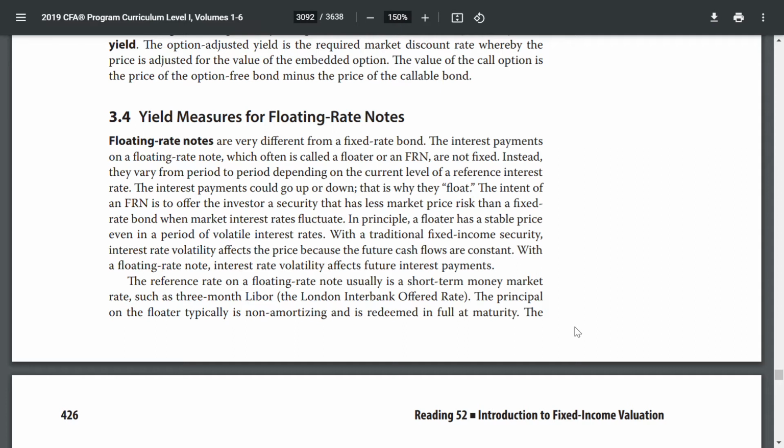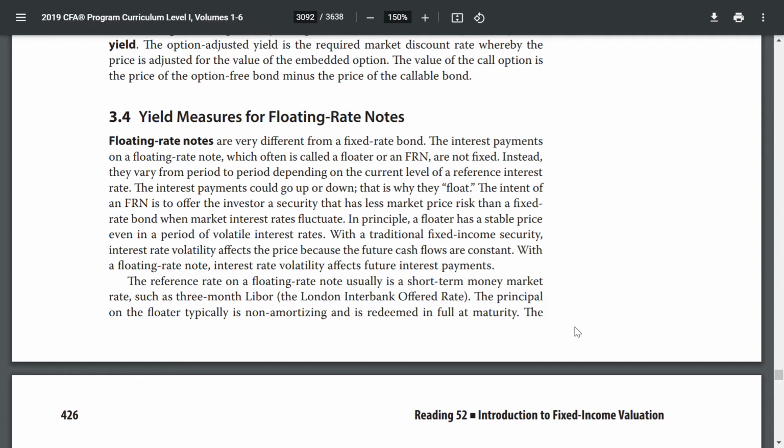The intent of the FRN is to offer the investor a security that has less market price risk than a fixed rate bond when market interest rates fluctuate. In principle, a floater has a stable price even in periods of volatile interest rates. With a traditional fixed income security, interest rate volatility affects the price because the future cash flows are constant.